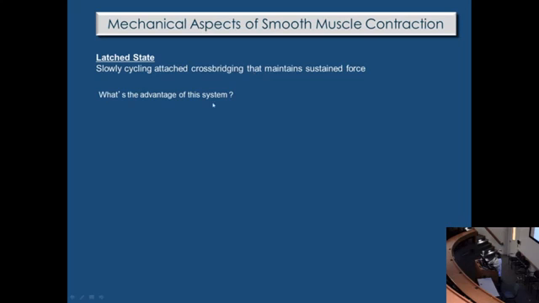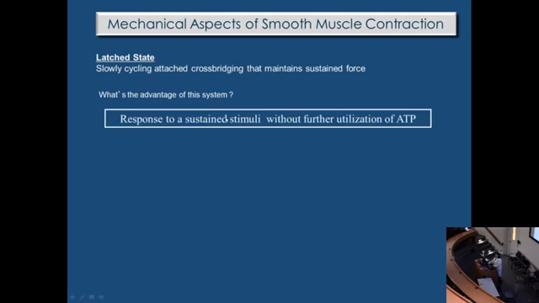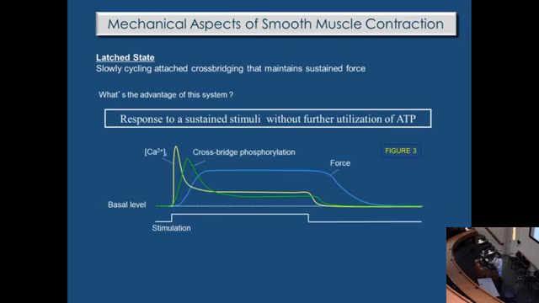And what is the advantage of this type of system? You guess by now, right, that the advantage is that the response to a sustained stimulus will be maintained without further utilization of ATP. So we are being economical here, right? And this is what occurs.